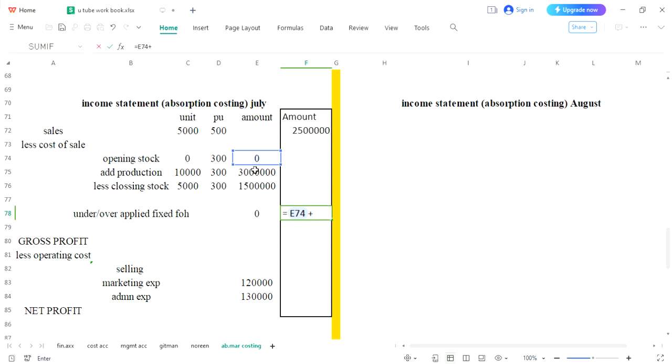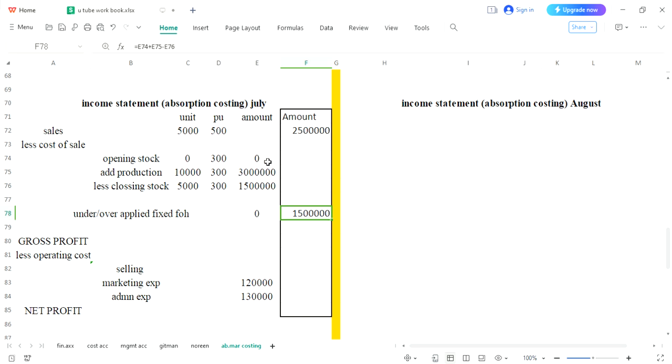What? Production cost, which was 30 lakh, and again you need to subtract what? Closing stock, which was 15 lakh. And since there is no under or over applied FOH, you do not need to consider it. So finally we have got our cost, which is 15 lakh.